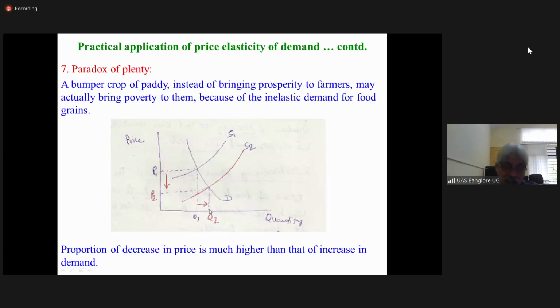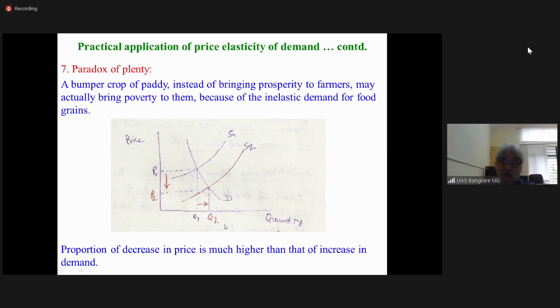But what happens is the proportion of reduction in price is much higher than the increase in the quantity purchased by the consumers. Okay, so decrease in price is much more than increase in the quantity purchased. So proportion of decrease in price is much higher than that of increase in demand.